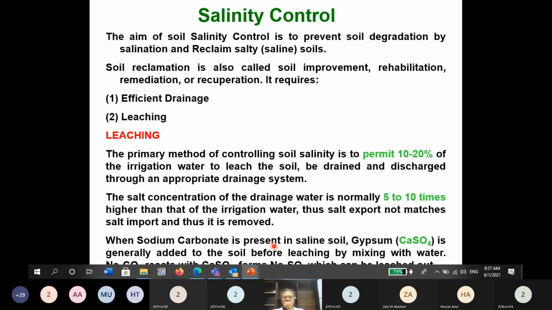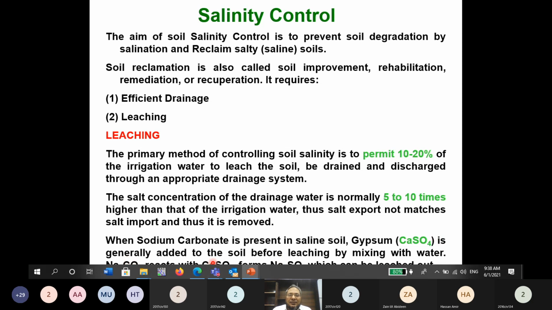When sodium carbonate is present in saline soil, हम gypsum use कर सकते हैं. और ये sodium carbonate क्या है भाई? What is sodium carbonate? Caustic soda. Caustic soda. और ये sodium carbonate less harmful है या more harmful है for crops? Most harmful. वो अगर हो ज़मीनों में तो we can use gypsum which is calcium sulfate.